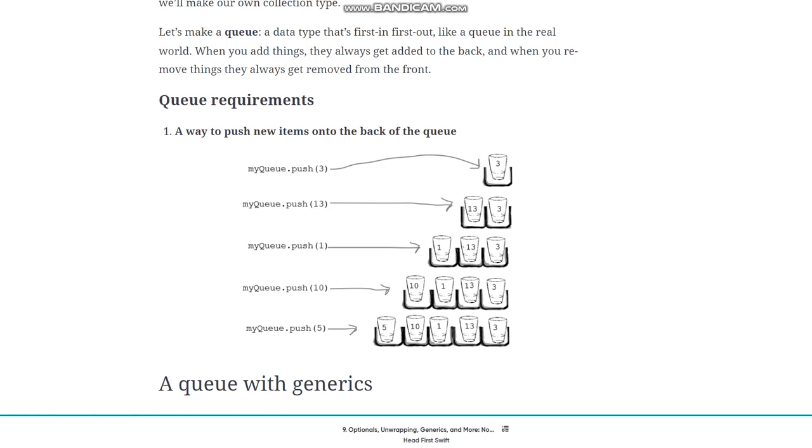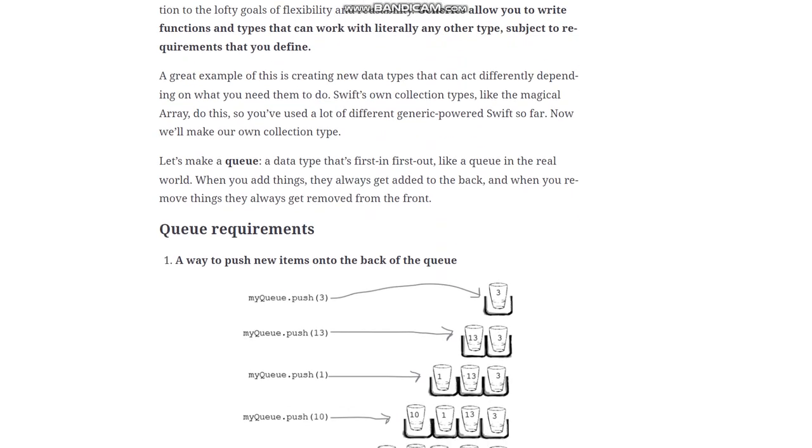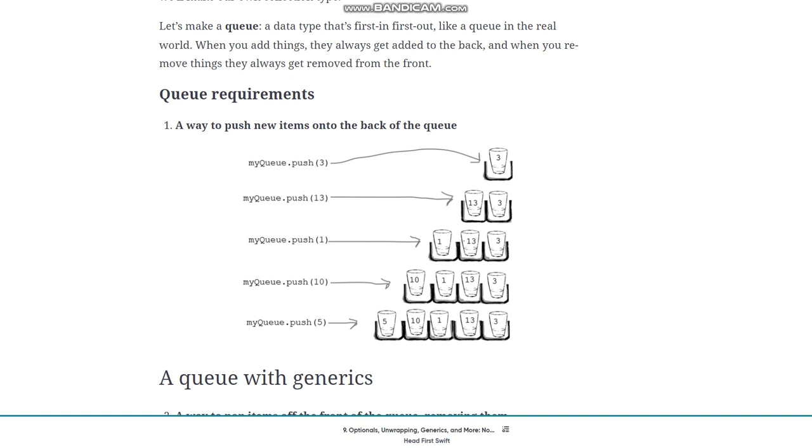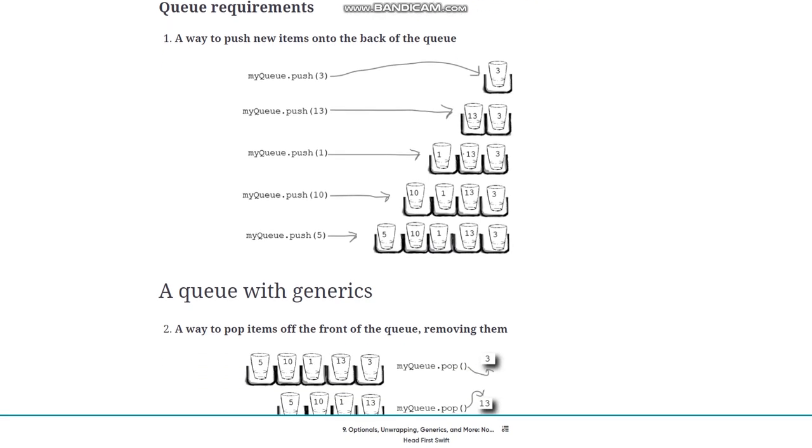In reality, generics, if you come from another language like Java, work in a very similar way. So you declare your queue, right? And you can start to put data in using push, right?